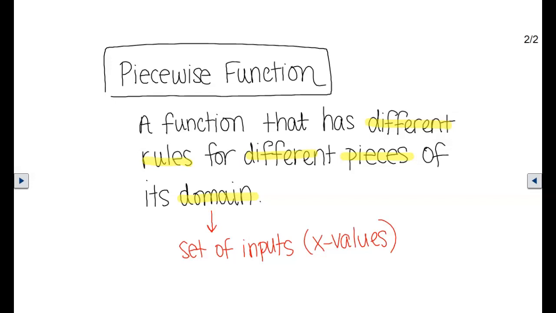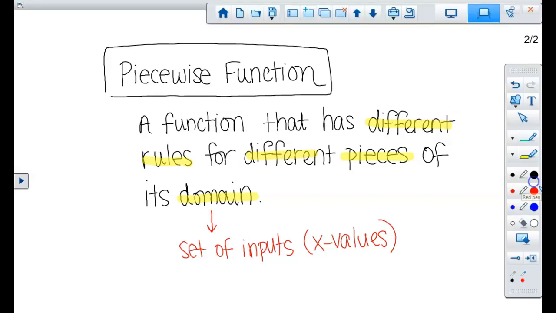So what this definition is telling us is that for different x values, there will be different rules that we're going to use. So that's what all this boils down to. In a piecewise function, there will be different rules that you use, and those different rules will be determined by the x values, the inputs for that function.